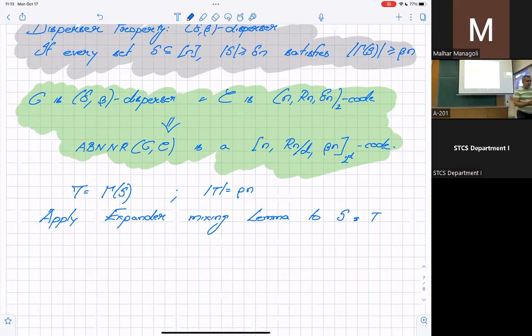So what is the expander mixing lemma? We have to write down these two quantities. You pick the left endpoint from S, take a random neighbor, and then what's the probability that I falls in S and J falls in T?